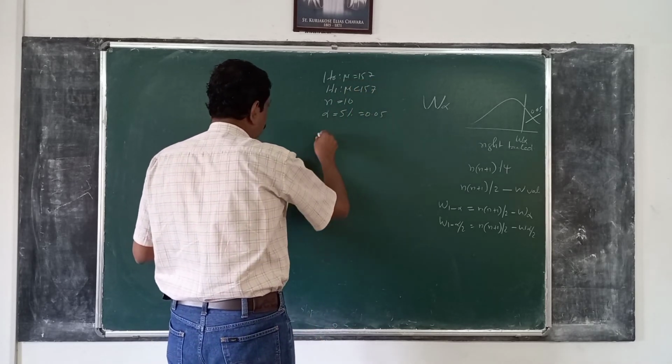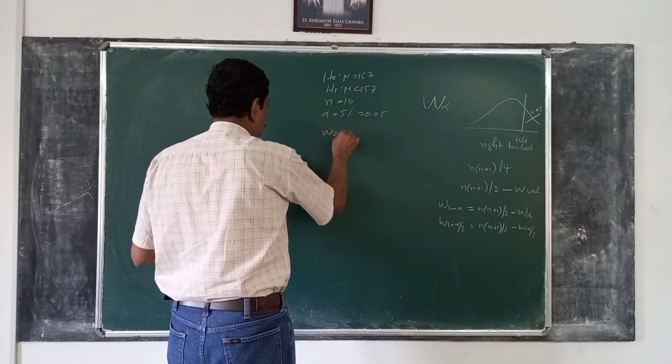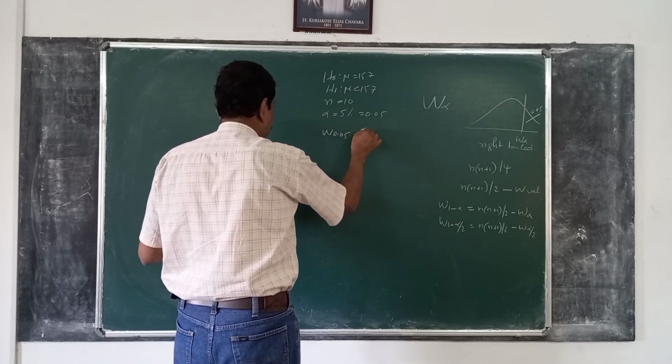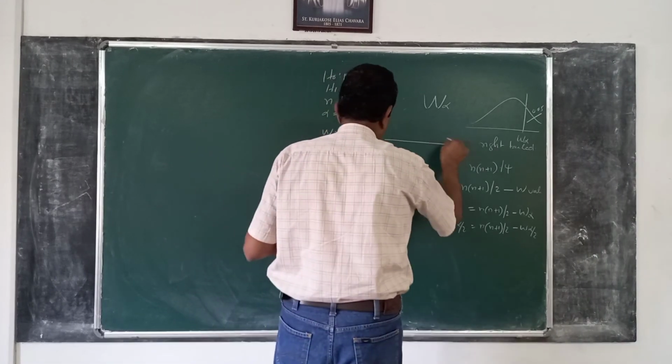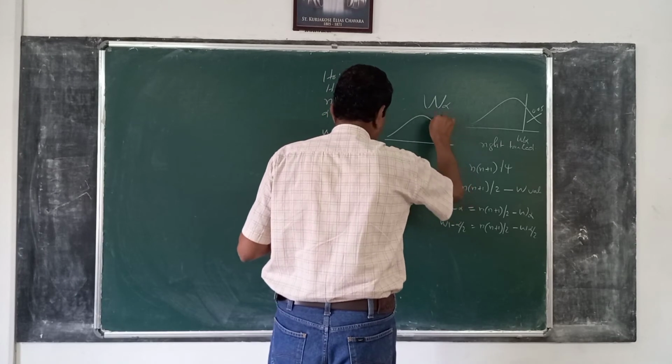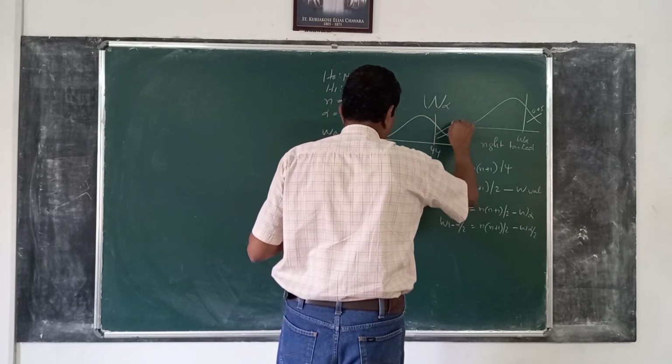Now for n equal to 10, alpha 5%, W 0.05 is equal to 44. So in the right tail, this is 44, this is 0.05, 5% of the area.